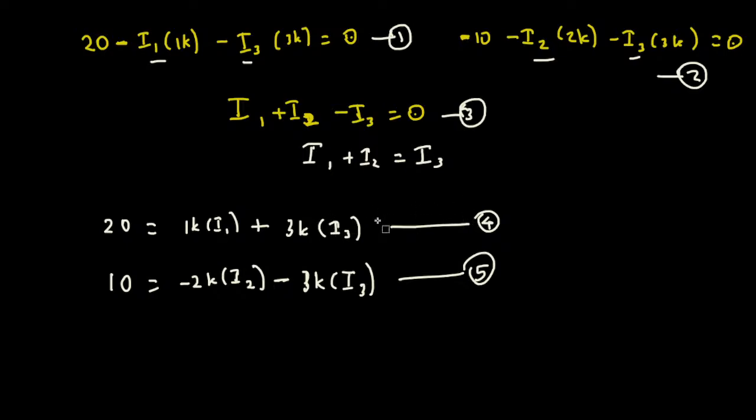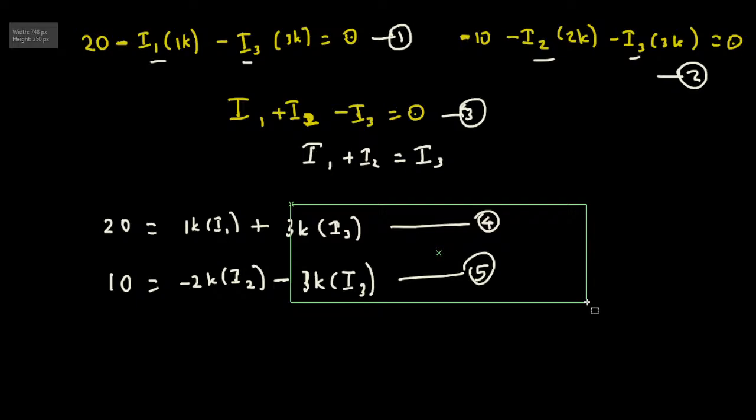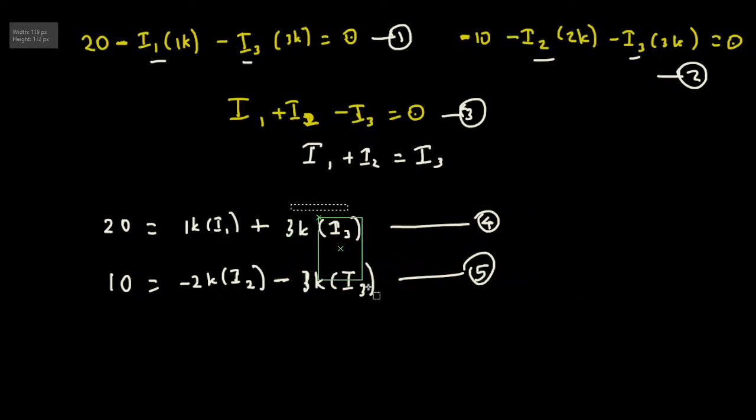Okay, for equations 4 and 5, what I'm going to do is, instead of this I3, I'm going to substitute I1 plus I2. So I'm going to get rid of this I3 here.